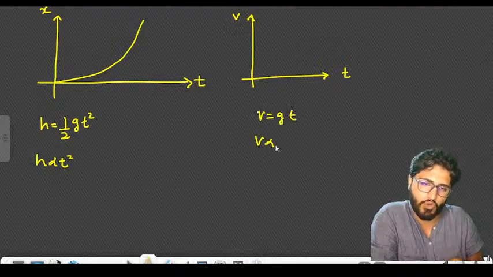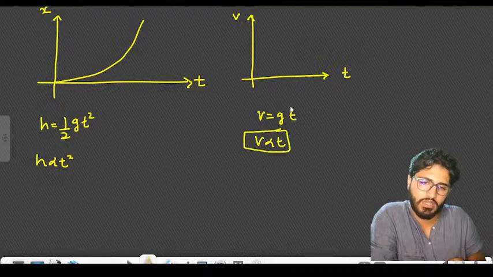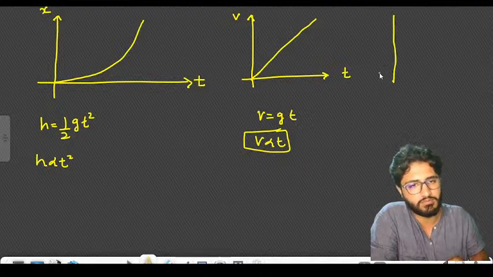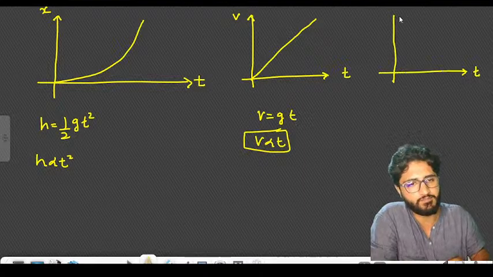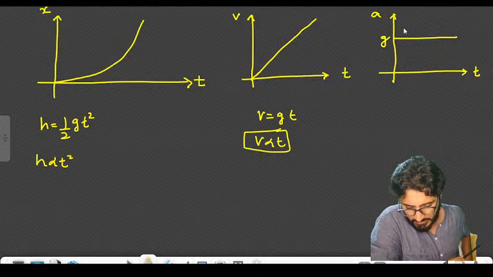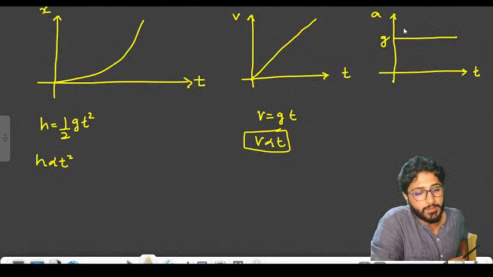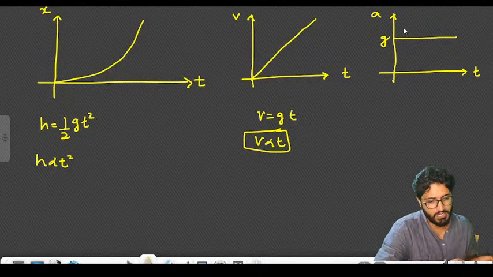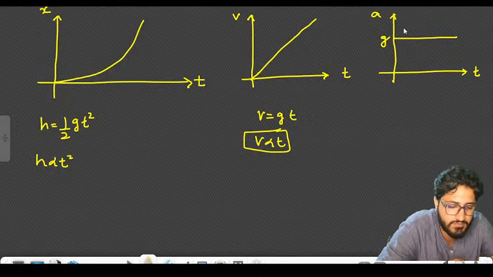So v is proportional to t. Its graph will be a straight line. Third, it is t, here is a. It is always g. So here I will write g. These are some graphs that you need to remember.